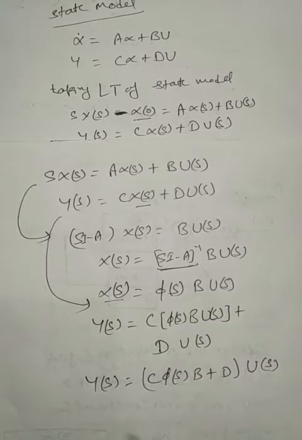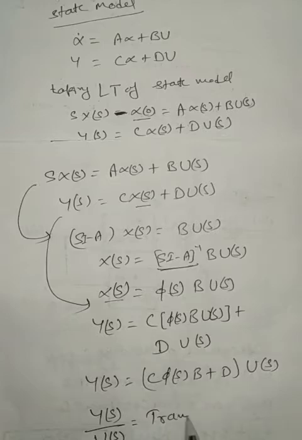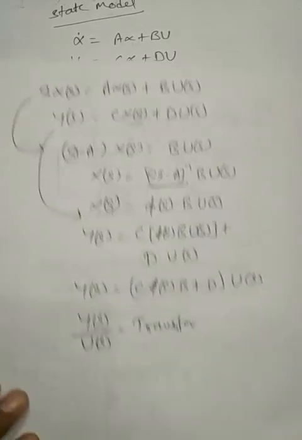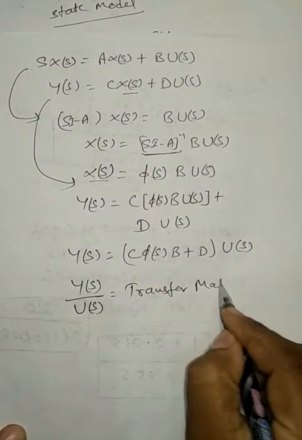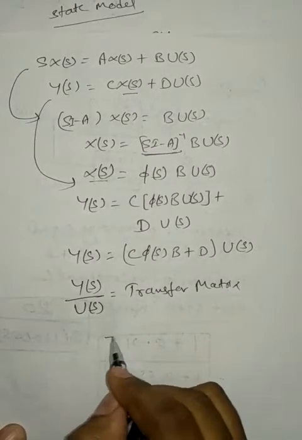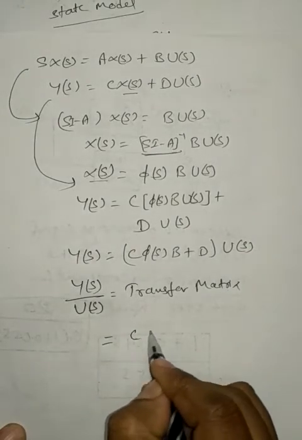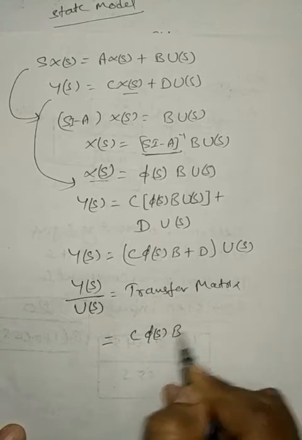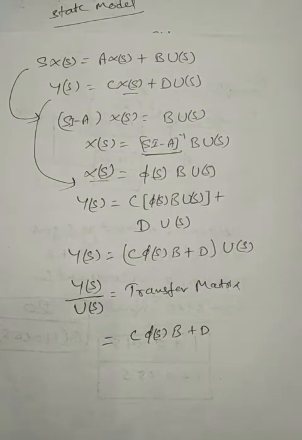And now what will be Y(s) over U(s)? This is the transfer matrix, and this transfer matrix will be equal to C phi(s) B plus D, right?